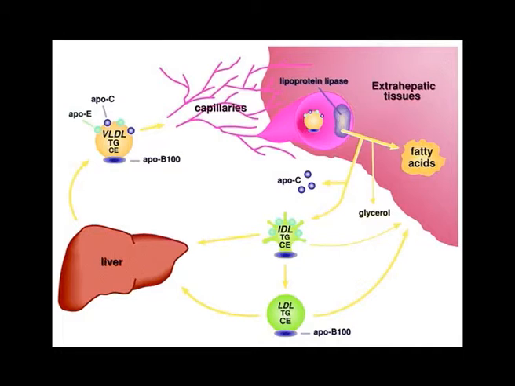Conversion of VLDL to IDL is also associated with loss of ApoCs by transfer back to HDLs. Further loss of triglycerides, as well as transfer of ApoE back to HDL, converts IDLs to LDLs.